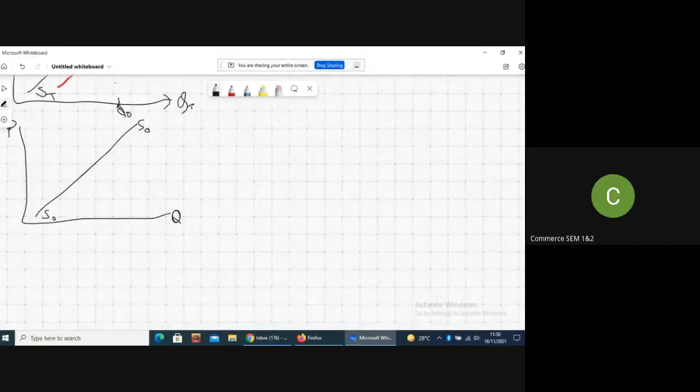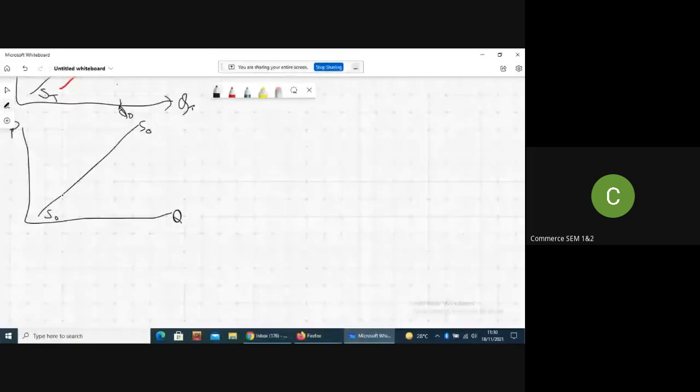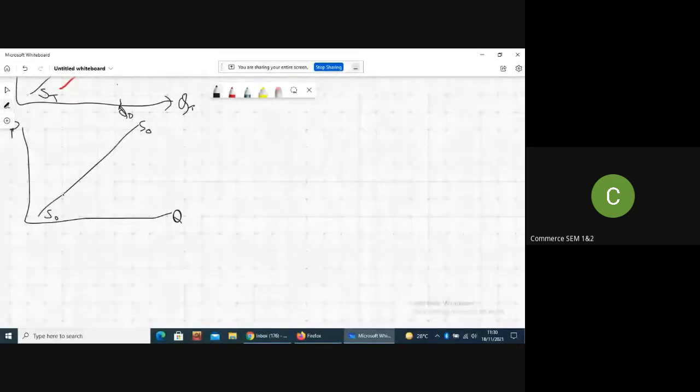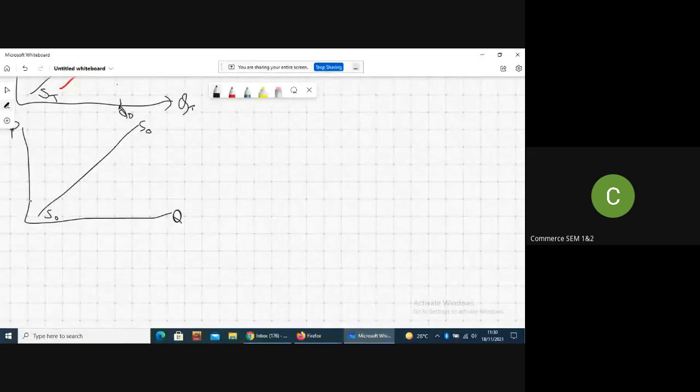Okay, anyone else? If the cost of production goes down, then the consumer will demand more of the product at lower prices.